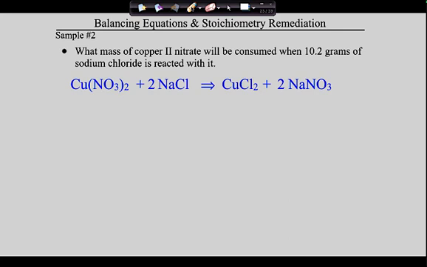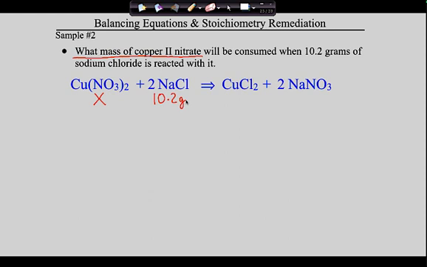So in order to solve this problem, the first thing that we need to do is figure out what we're solving for and where we're starting. You'll notice that it says what mass of copper 2 nitrate will be consumed. That tells us that our X is copper 2 nitrate. Then we're given this other information that says 10.2 grams of sodium chloride reacts with it.